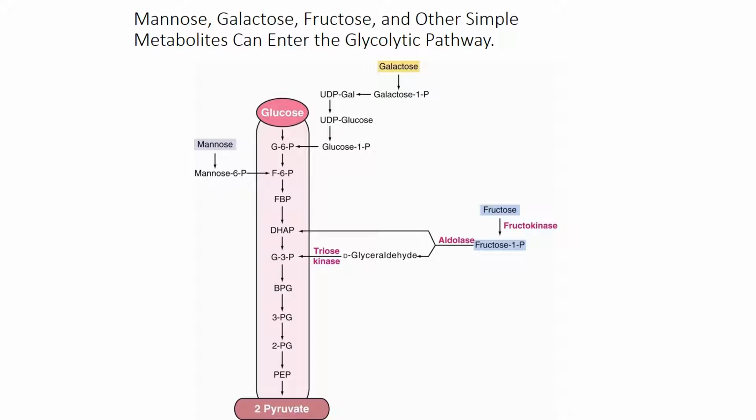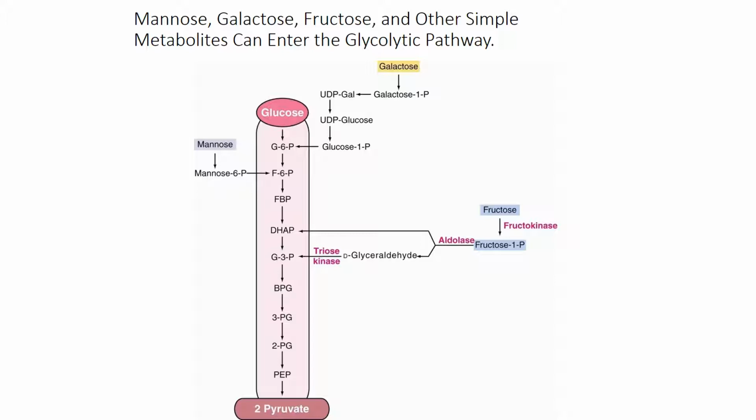So galactose can be phosphorylated on C1. So it undergoes a phosphorylation and then an isomerization to glucose, and thus glucose 1-phosphate is isomerized into glucose 6-phosphate, and then enters the pathway the same way glucose would.